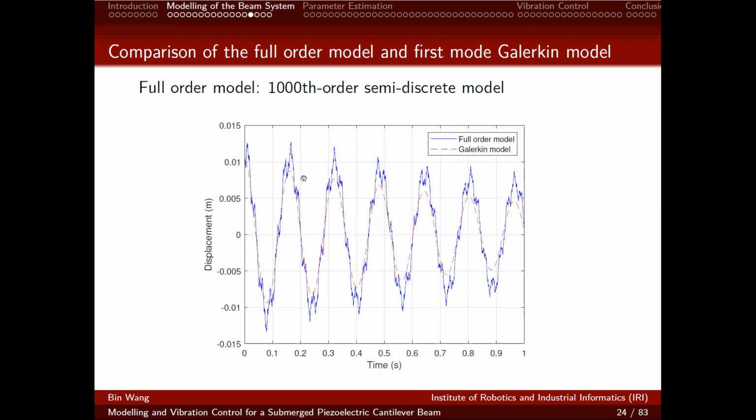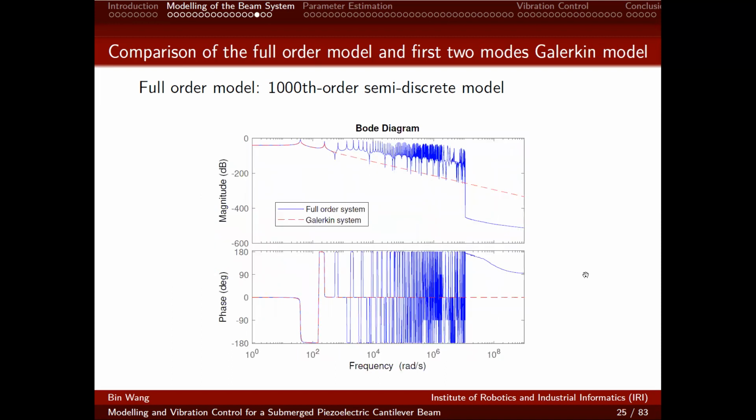It has a lot of harmonics, but the Galerkin's model has only one sinusoidal signal, because it is reduced to a second order model. So the other harmonics are ignored in this model.